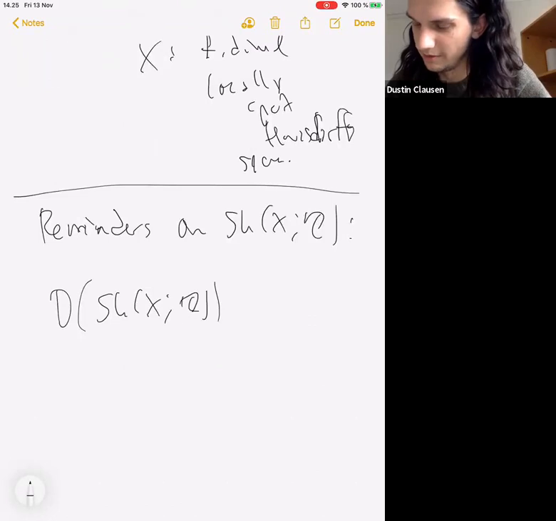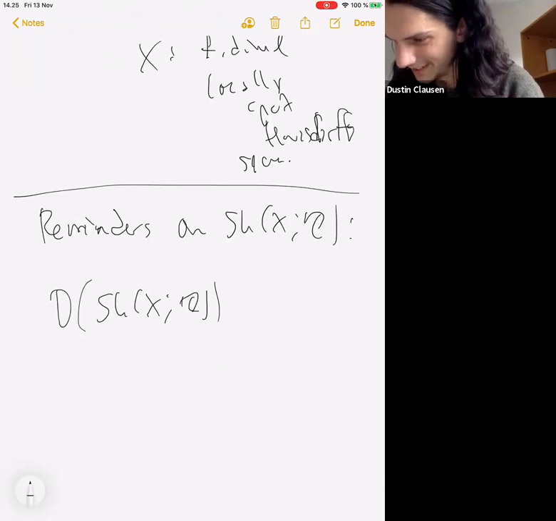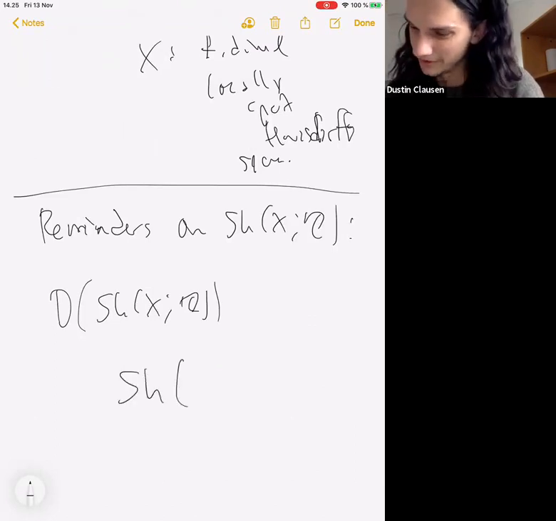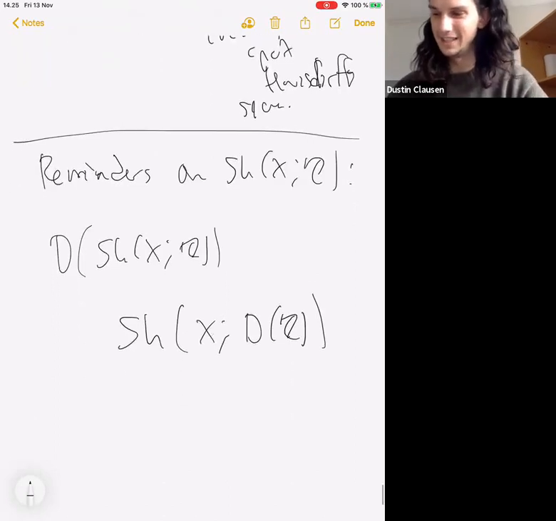And since we're now all very modern people, there's something else we can do, which is take sheaves in Jacob Lurie's sense on the topological space with values in the infinity category, the derived category of Z.